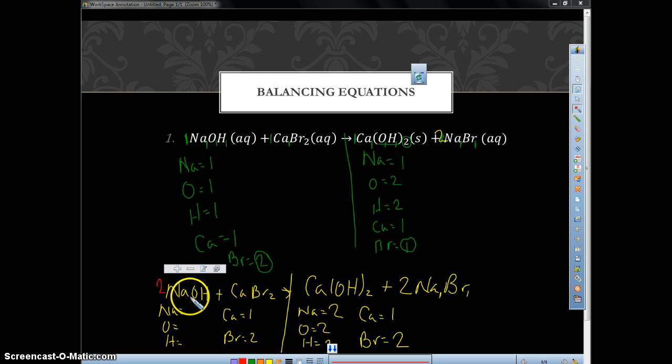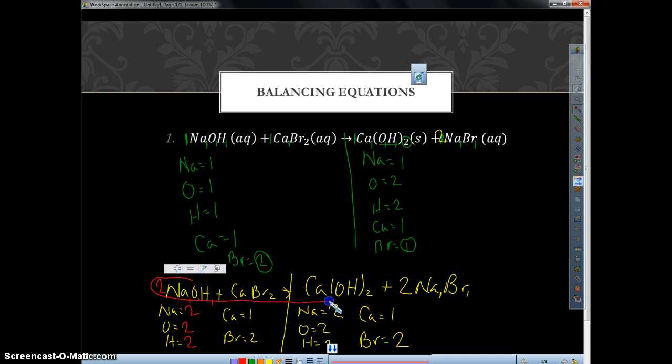So now I have 2 times 1 for my sodium, 2 times 1 for the oxygen, and 2 times 1 for the hydrogen. So now if you look, it just so happens that hydrogen and oxygen balanced each other out. So a lot of times that will happen, and that's why we keep those to the end. Okay, so this right here is going to be your final equation.